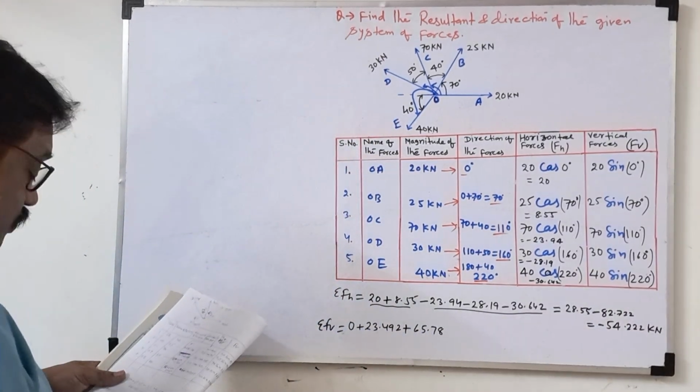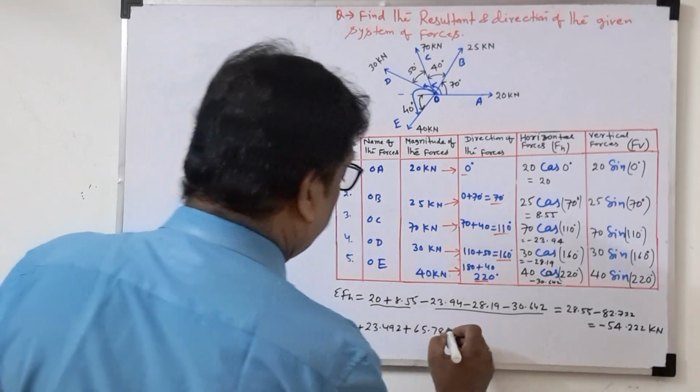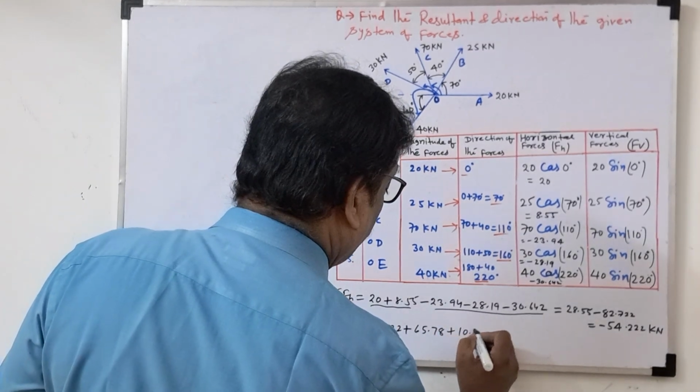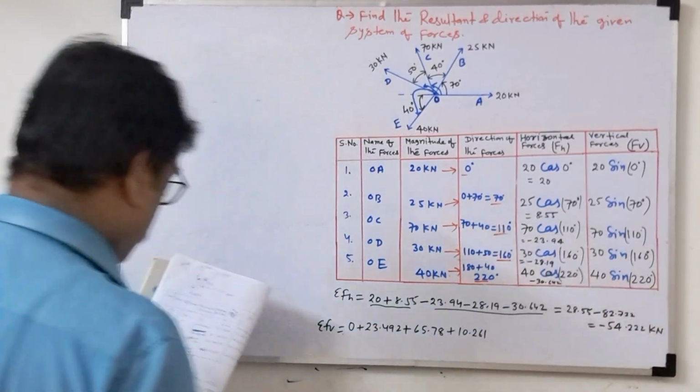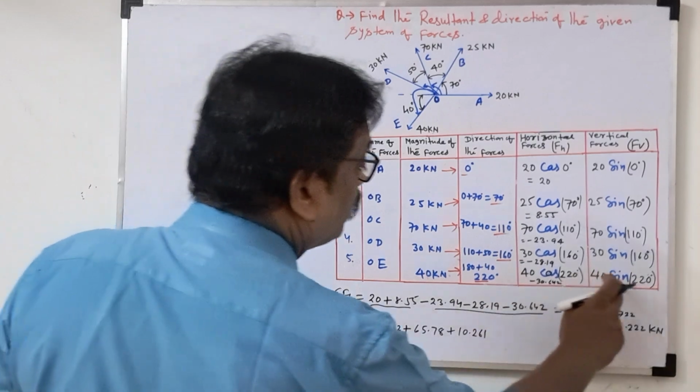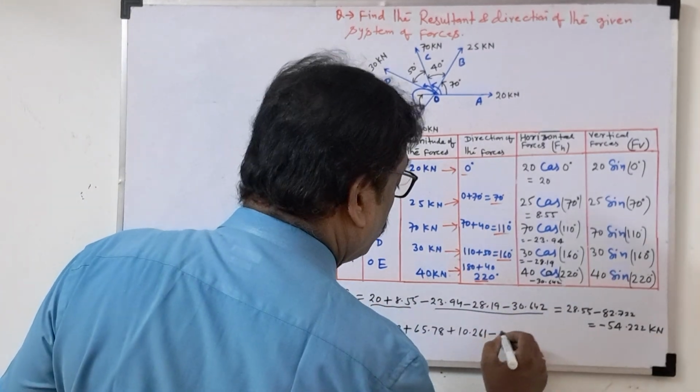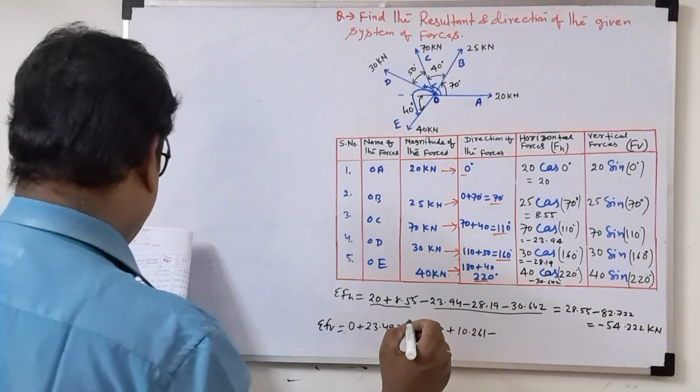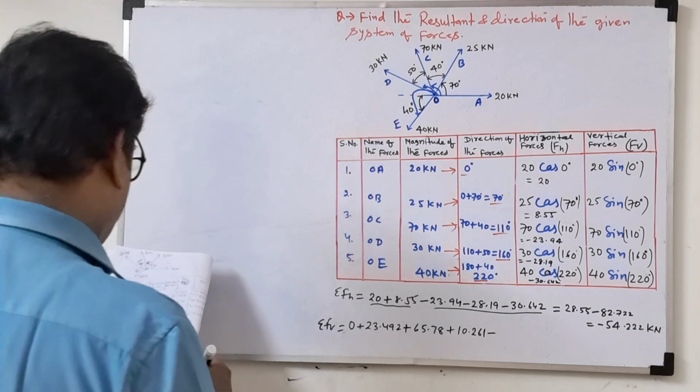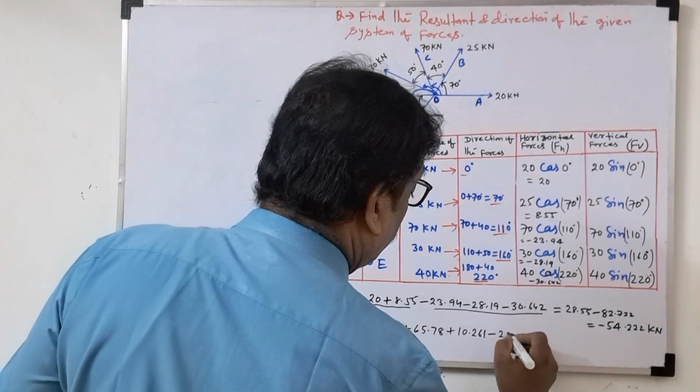Then 30 into sin 160, it will come 10.261. Then last one, 40 into sin 220, it will come minus 25.77.